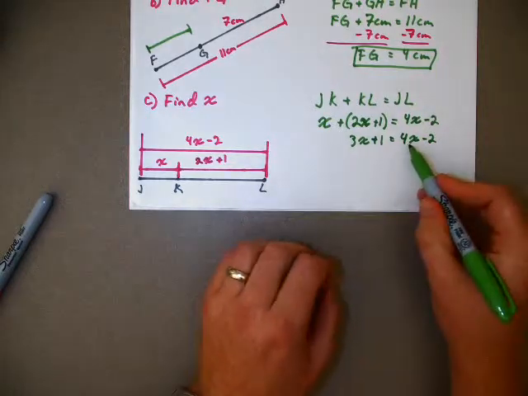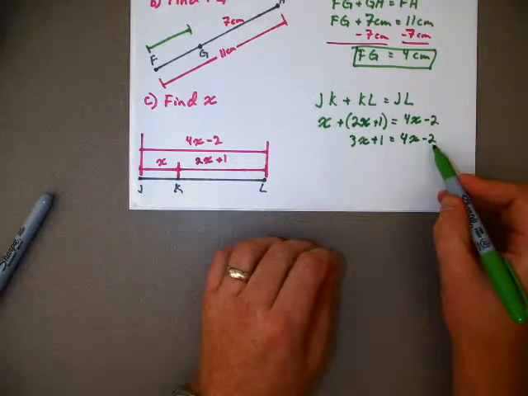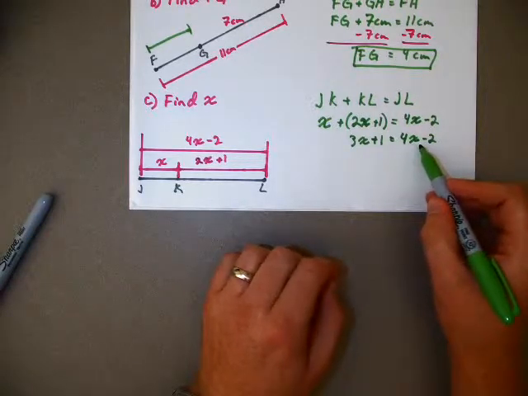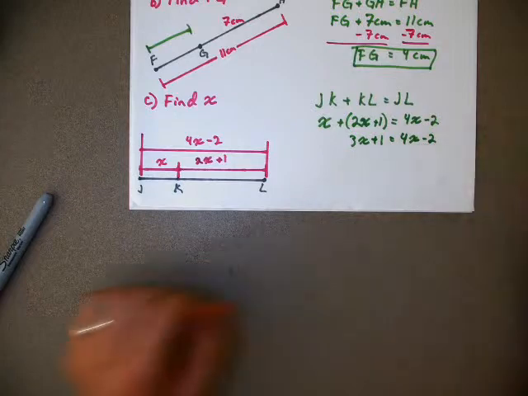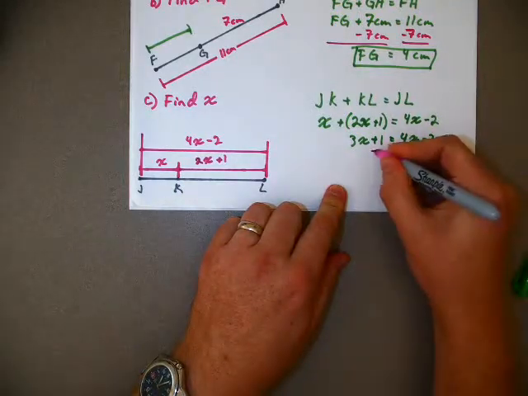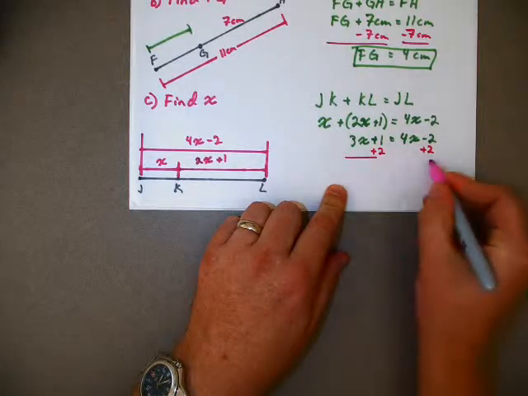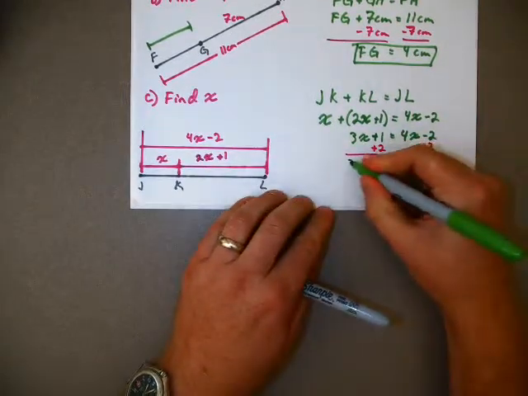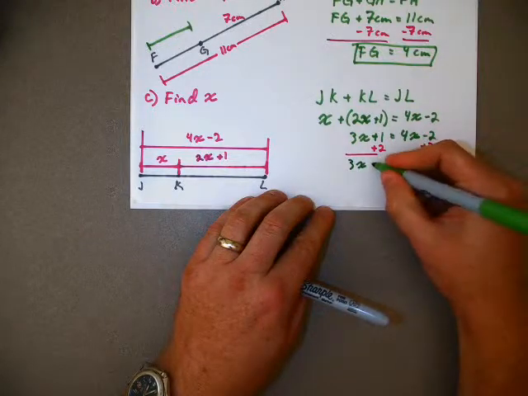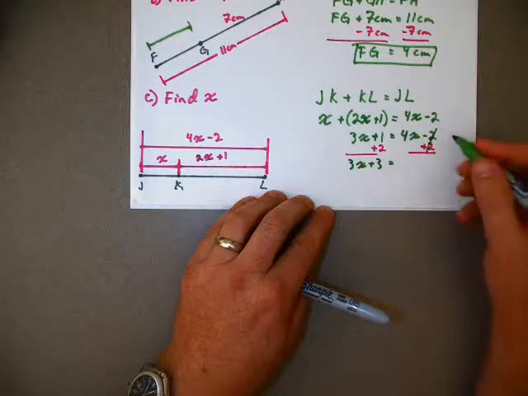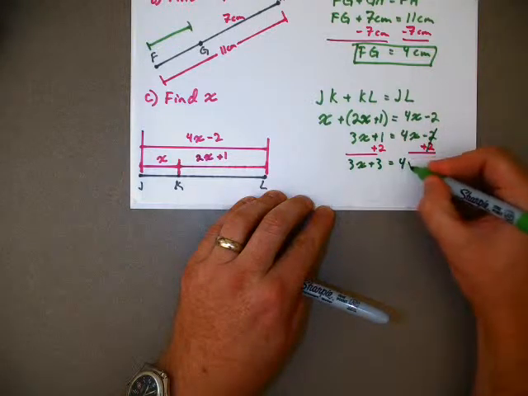Let's get rid of the constants first. I'm going to solve for x, so I'm going to isolate this x. I'm going to bring my constants over to that side, so I'm going to add 2 to both sides. This simplifies to 3x plus 3 should equal, these 2's will cancel out, so I'm left with just 4x over here.